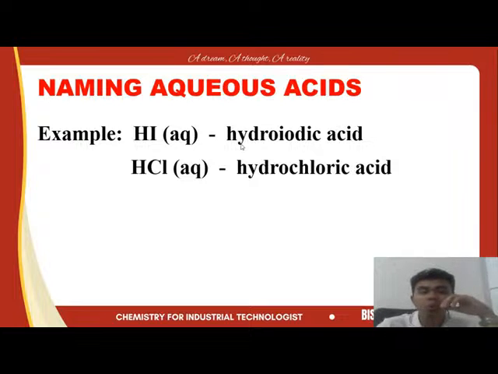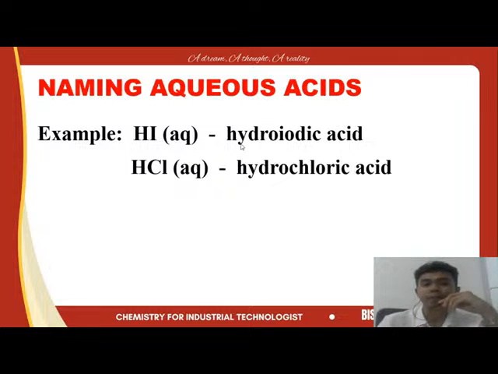Okay, the same thing with the rest. If you see that parenthesis AQ, the AQ there stands for aqueous. If you don't see that symbol, you just name it with the same principle as we name binary compounds. But if there is the parenthesis AQ, that means it's an aqueous acid.